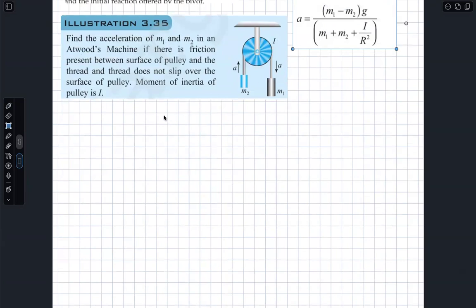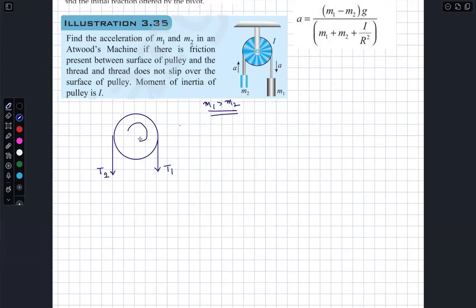Only difference is, unlike Newton's laws of motion, constrained motion cases, here tensions will be different. The tension here is T1 and the tension here is T2. I'm assuming M1 greater than M2.